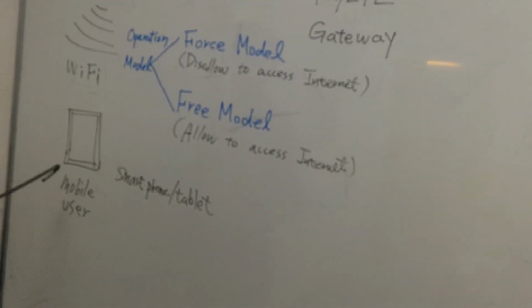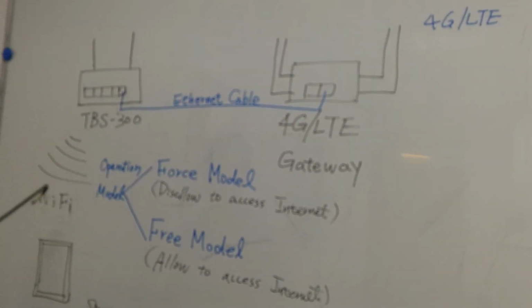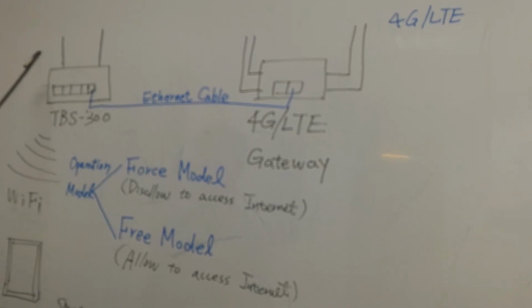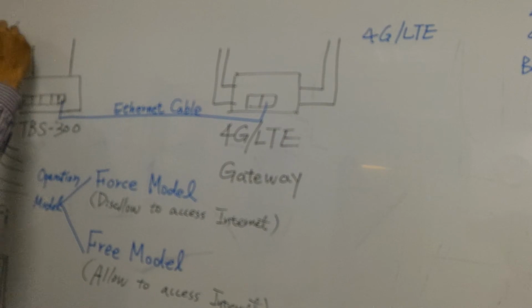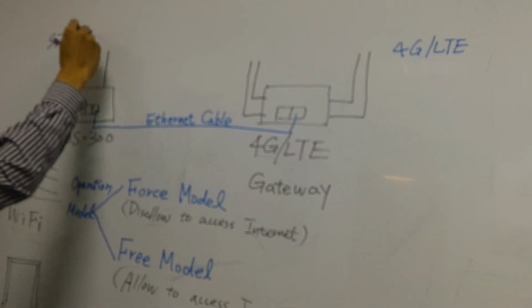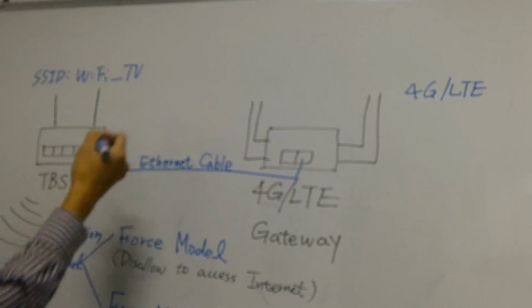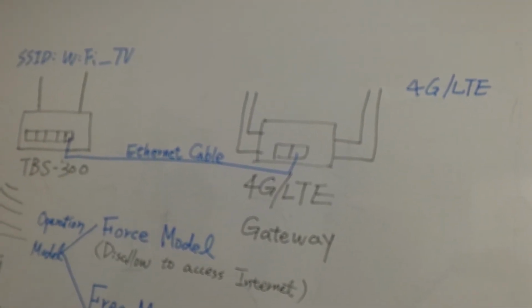And the mobile user connects to the TBS-300 through Wi-Fi, SSID Wi-Fi TV. By default the SSID is Wi-Fi underline TV. You can change this SSID name.